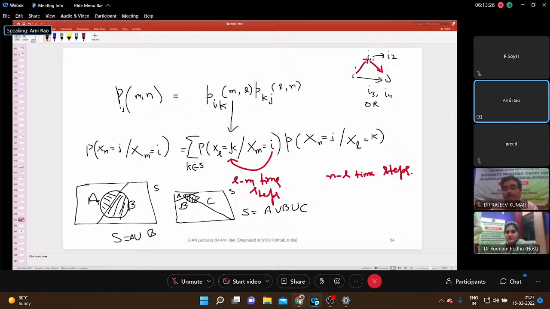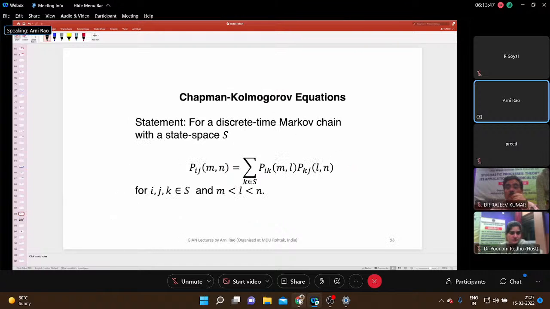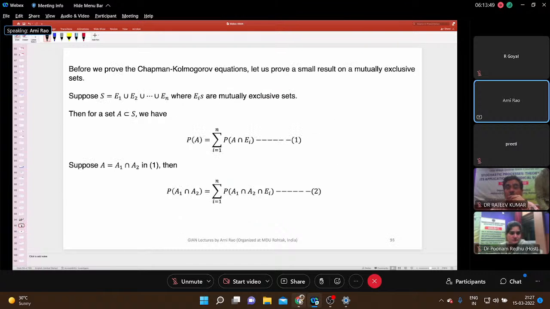B is entire B, this part is B intersection this piece. So probability of A intersection B can be written as probability of A intersection B intersection this piece. This circular piece, that's what it is. A1 intersection A2 intersection EI. So EI is generalized, you think on that again.